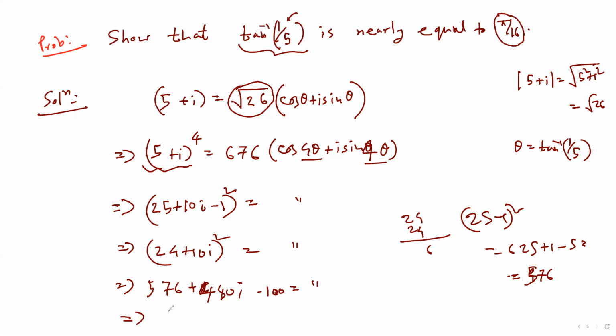So finally, the simplified expression in A plus IB form is 476 plus 480I, which is exactly 676 times the polar form, e to the power I times 4 theta.